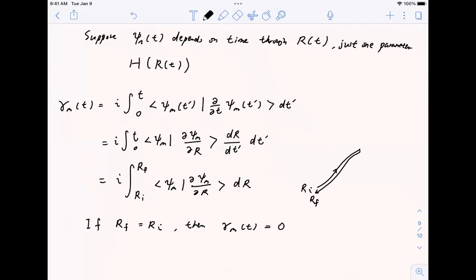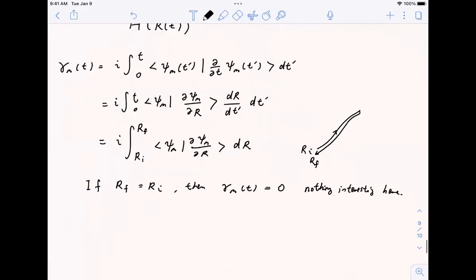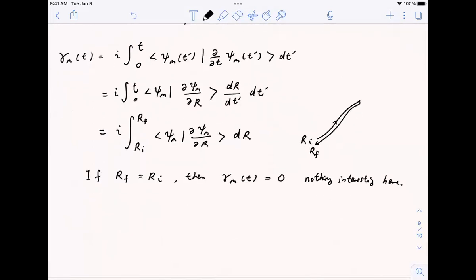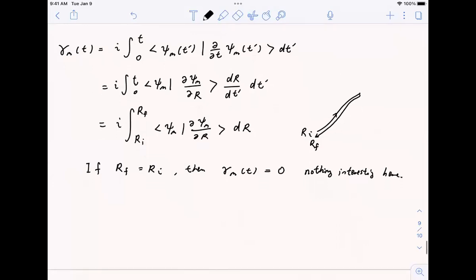You move all the way and then move back. Then this will be 0. Nothing interesting happens. The interesting part happens when you have more than one parameter.